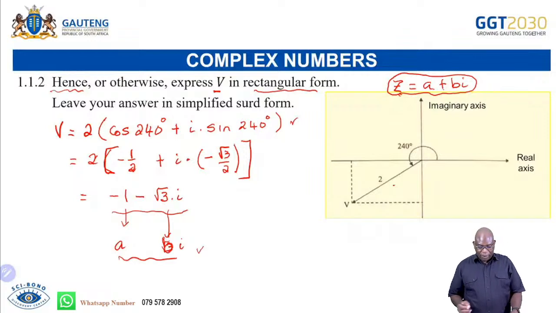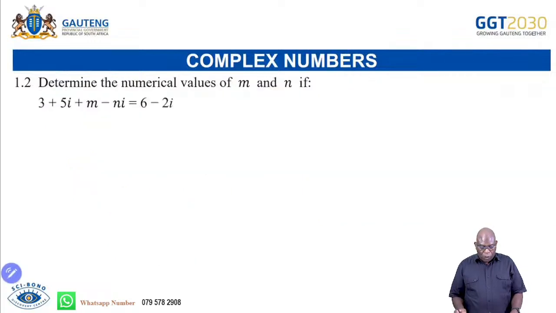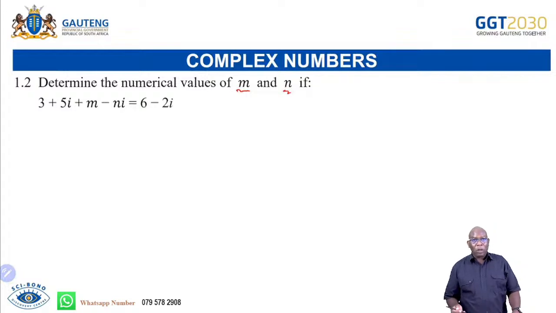All right. Now, the next question will be basically the type of questions that we're taking from past papers. These are the type of questions that you get in your exam papers. So determine the numerical values of m and n, if you are given that 3 plus 5i plus m minus ni equals 6 minus 2i.